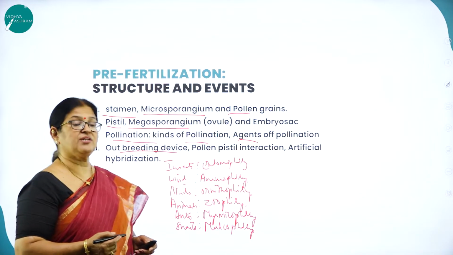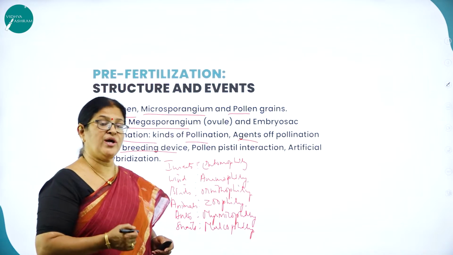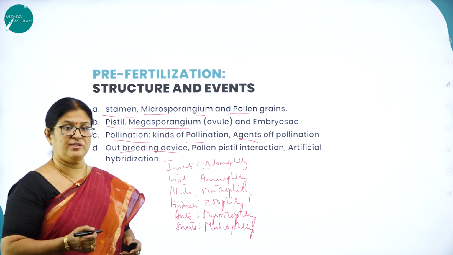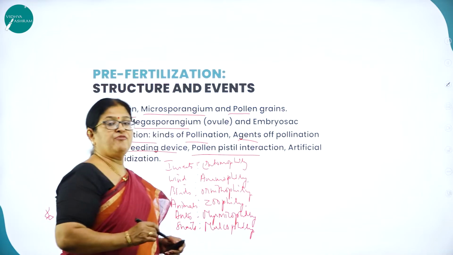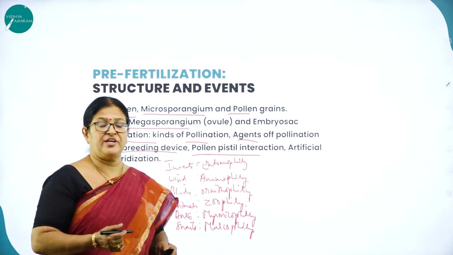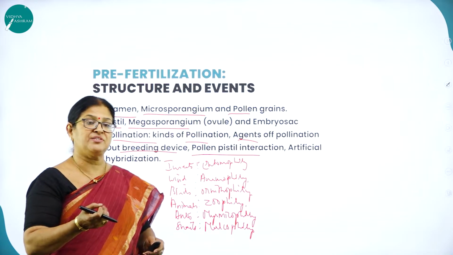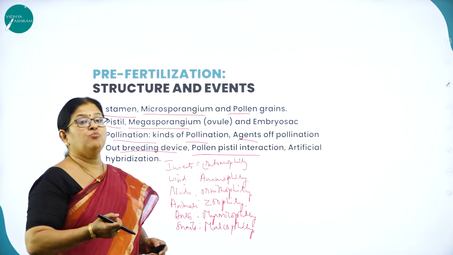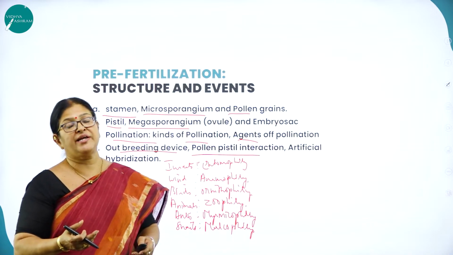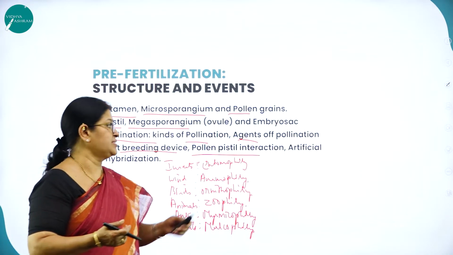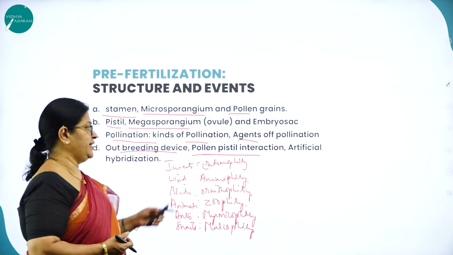In that case it will avoid unwanted pollen grains falling on the stigmatic surface. Then once the pollen grain falls on the stigmatic surface, and when the stigmatic surface is receptive, what are the events that are going to happen after the pollen grains land? You call it pollen-pistil interaction.